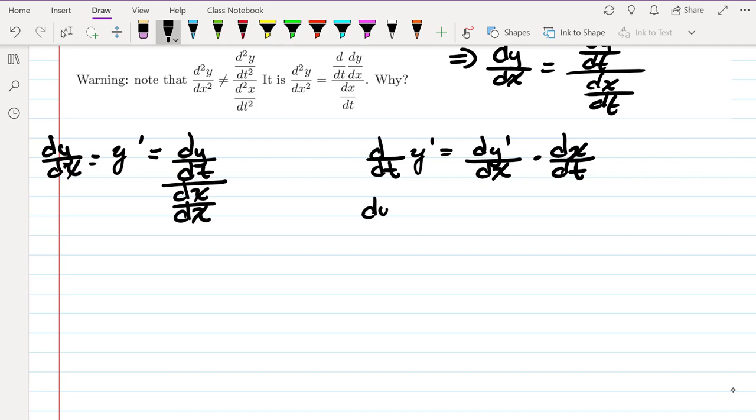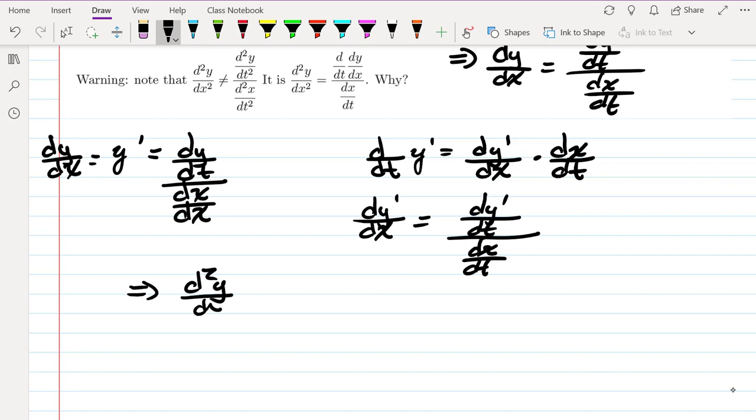So once again, that would give us dy prime/dx is equal to dy prime/dt divided by dx/dt. But dy prime/dx is just the second derivative. So putting all of this together, we'd get d2y/dx squared is equal to the derivative d/dt of y prime, which is dy/dx, divided by dx/dt. So keep that in mind as we move forward.